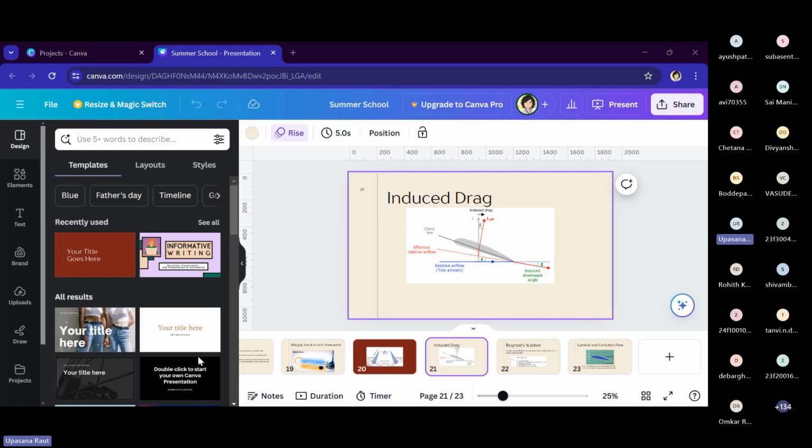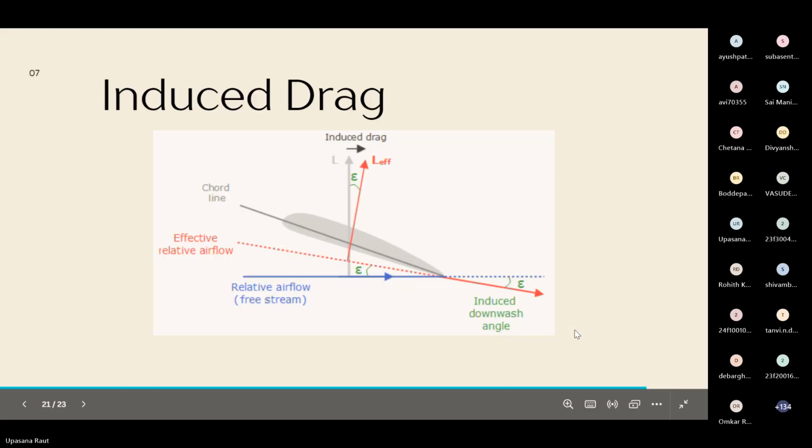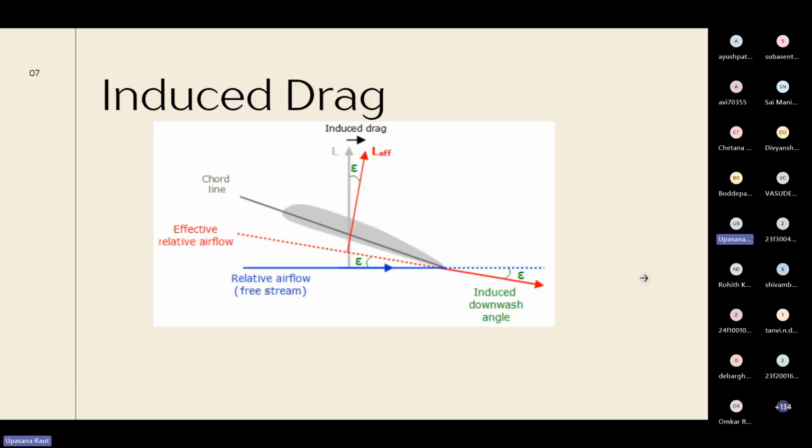Okay, so I'll be moving to the last part of today's session, which is Reynolds number. In order to create an aircraft, it is really important to determine the nature of the flow of the air, right?